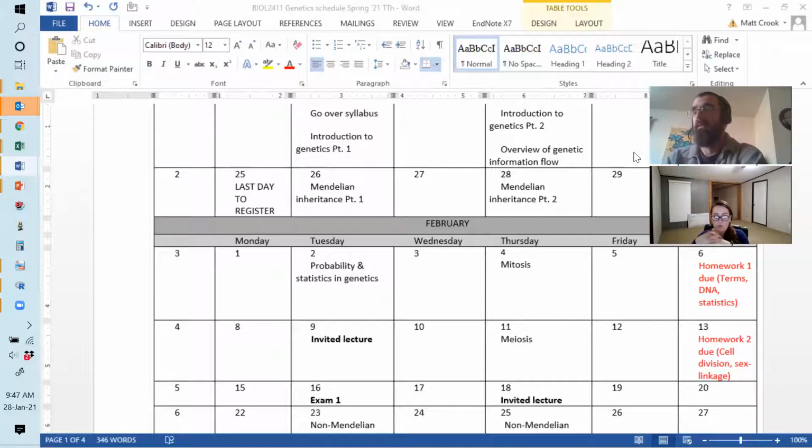So that's a potential benefit to doing it at the same time as the class period. If you have any problems outside of that time, shoot me an email and I'll answer as quickly as I can. Obviously, it depends on where I'm at and what I'm doing, whether I'll be able to do it within 5 minutes or 50 minutes. But I'll make sure I answer those questions within that day as quickly as I can.